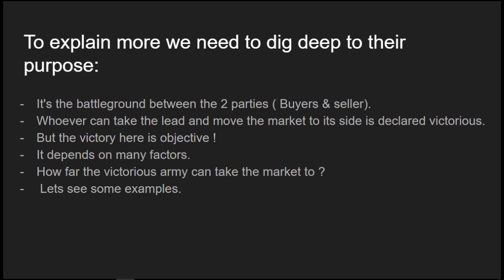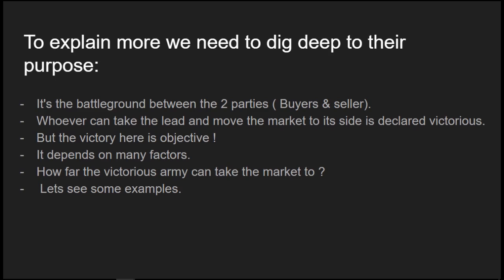It will depend on many factors. And there is also an important element here, especially in undefined, deformed zones: how far the victorious army can take the market.